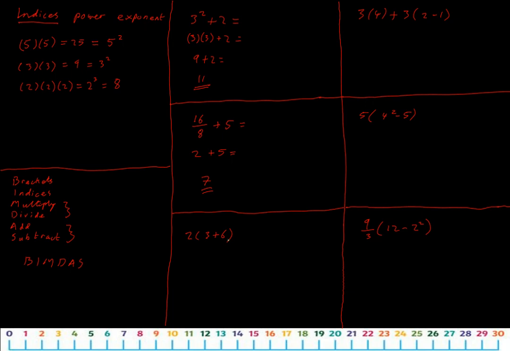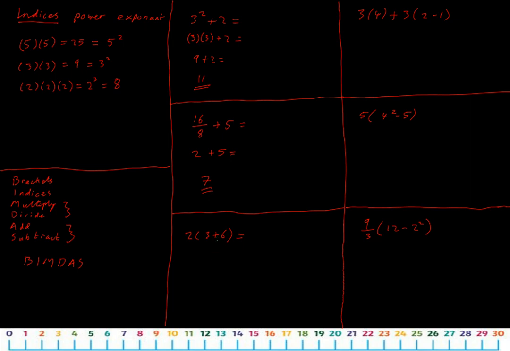Now, let's have a look at this one here. So I know that brackets, if I have a number next to a bracket, it's going to mean multiply. I've been doing that with multiply for a little while now. So I have multiply that I know I need to do, but I look here and I see I have stuff in a bracket. I have 3 plus 6 and it's in a bracket.